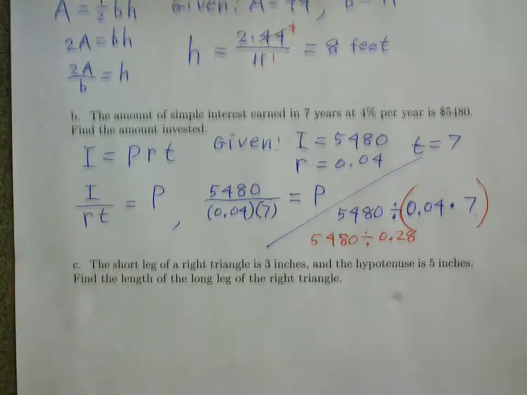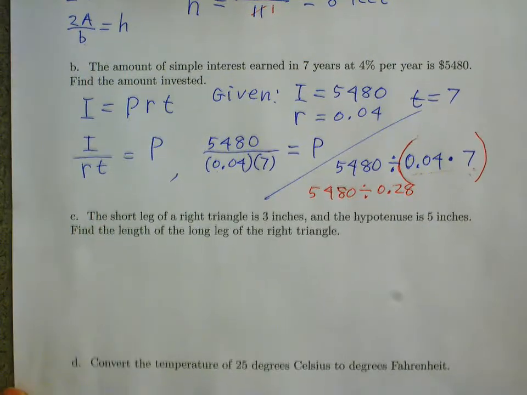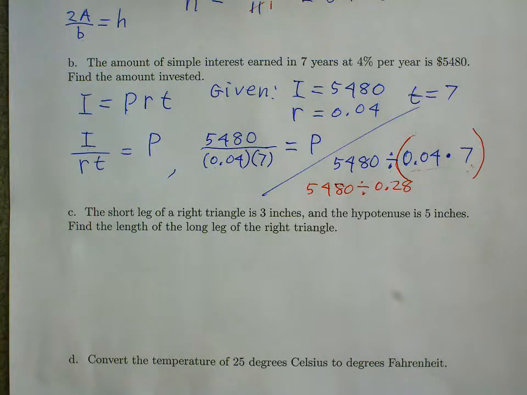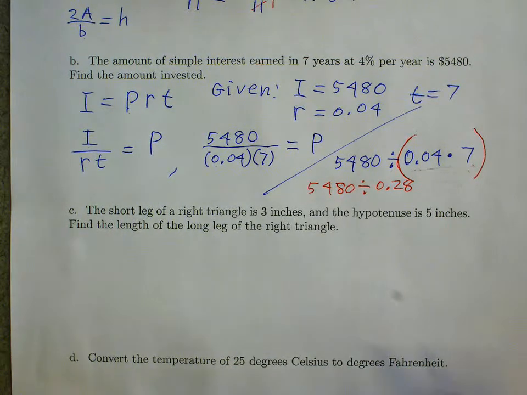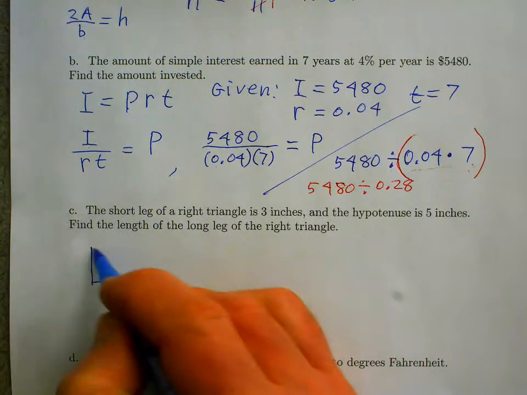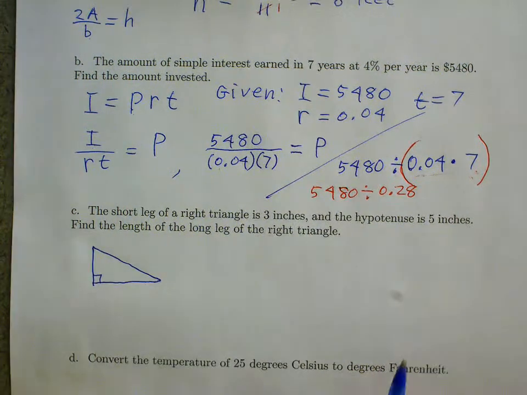Okay, the next one: the short leg of a right triangle is 3 inches, and the hypotenuse is 5 inches. Find the length of the long leg of the right triangle. For the geometric problems, just drawing a diagram can help.